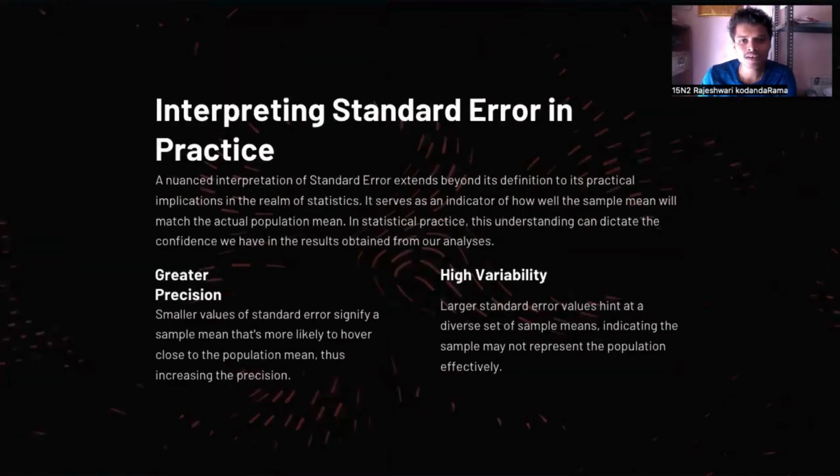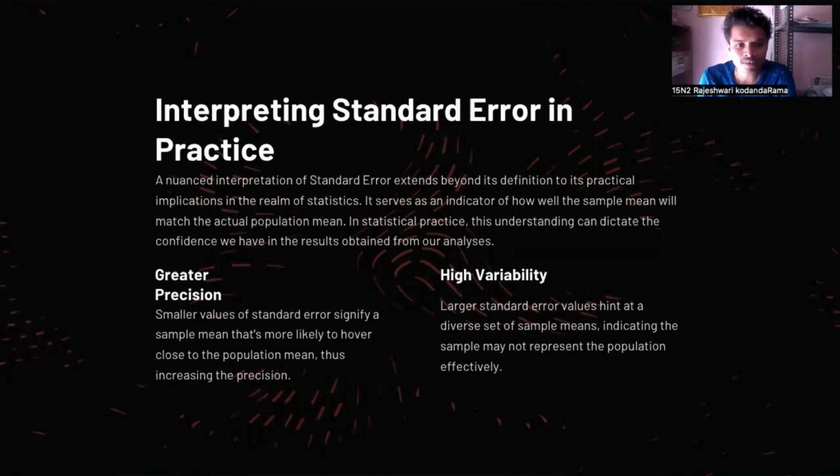So, interpreting standard error in practice. The interpretation of standard error extends beyond its definition to its practical implementations in the realm of statistics. It serves as an indicator of how well the sample mean will match the actual population mean. In statistical practice, this understanding can dictate the confidence we have in the results obtained from our analysis.